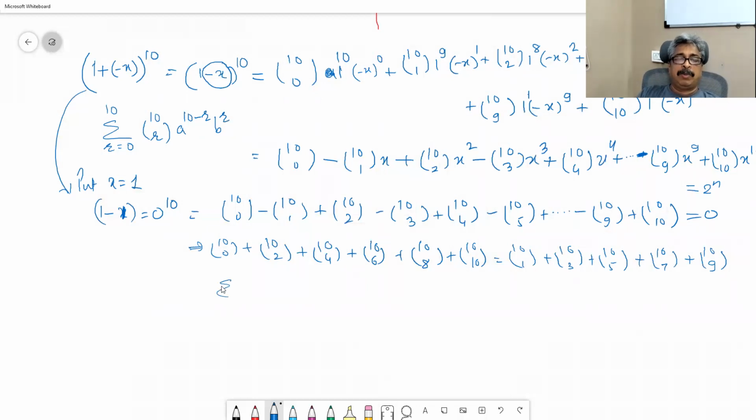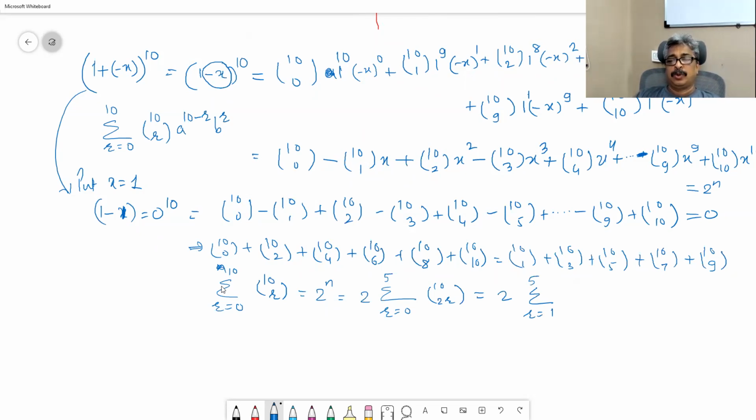When we have sigma r goes from 0 to n, 0 to 10, 10 choose r, that is complete summation, which we said equal to 2 raised to n, is actually equal to 2 times either sigma r goes from 0 to 5, 10 choose 2r, or it is equal to 2 sigma r goes from 1 to 5, 10 choose 2r minus 1.